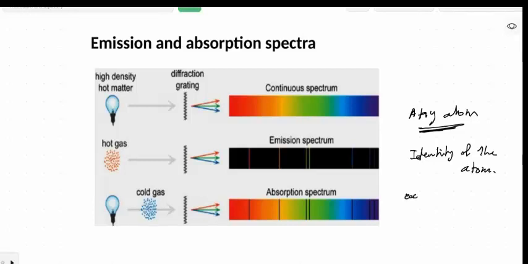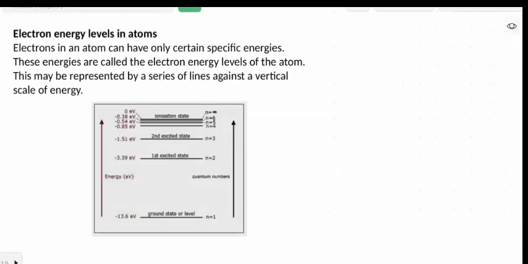Each atom has its own spectrum, and the spectrum changes from one atom to another. To understand this idea more, we need to study the energy states. We will understand that later. Electron energy levels in atoms.